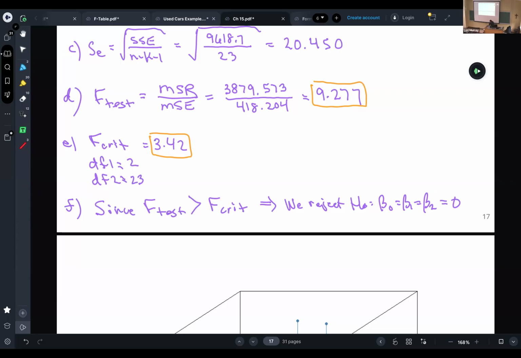We reject that and accept the alternative, that they do not all equal 0. This is a good fit. This is a way to assess the fit of the model. The ANOVA is the overall test.